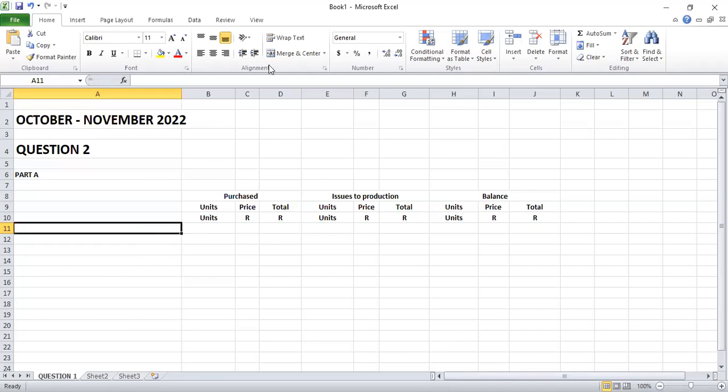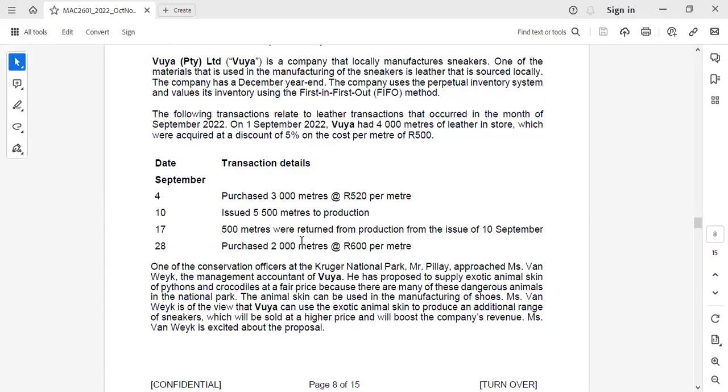Right. Let's start with our opening balance. We are told, if you can check here, this paragraph, the following relate to the leather transactions that occurred in the month of September.